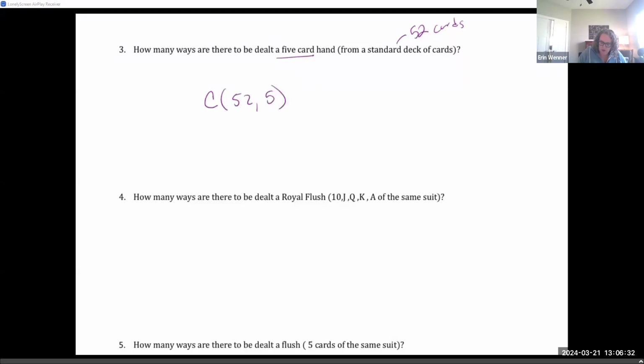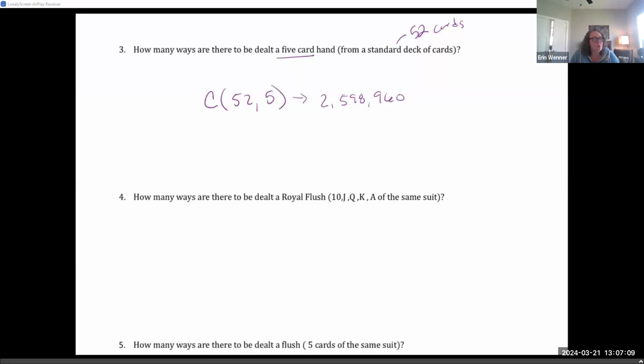That is crazy big, shockingly so, and this is why the probability of poker hands is so low. 52 cards taken 5 at a time comes out to 2,598,960 possible outcomes, which is nuts. That's so many, right?